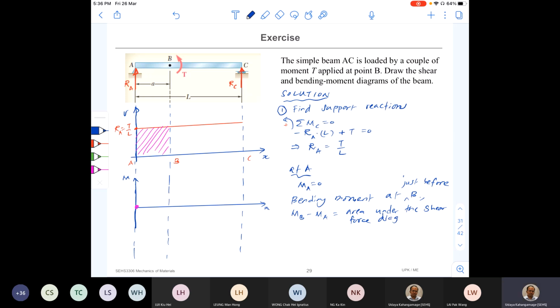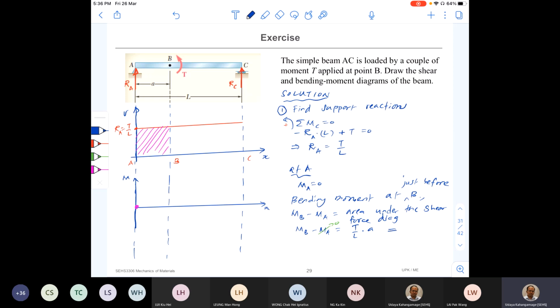So what is that value? T over L into A, right? So this is MB minus MA, and we learned that MA is 0.